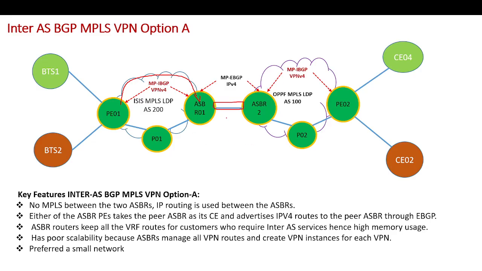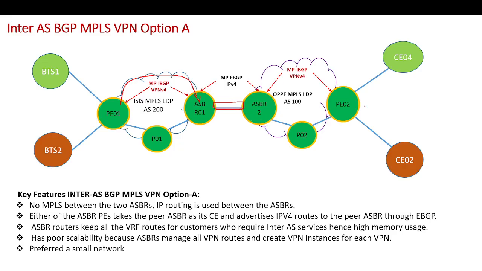The only challenge with option A is that you require either to configure sub-interfaces between different routers for different VRFs, or you can have physical interfaces configured between the ASBRs. So how many physical interfaces will you need? It depends on the number of VPNs or the VRFs that you have deployed in the network.